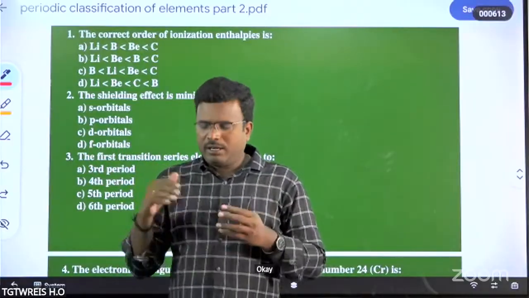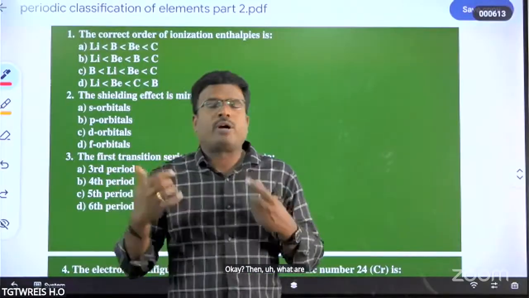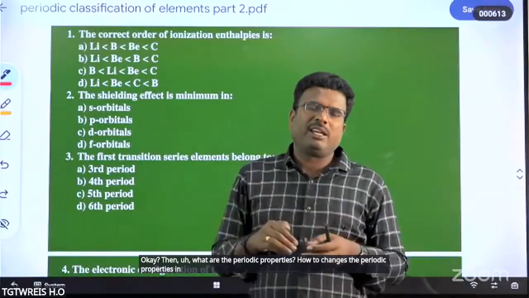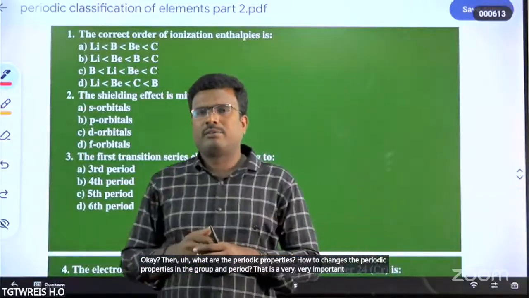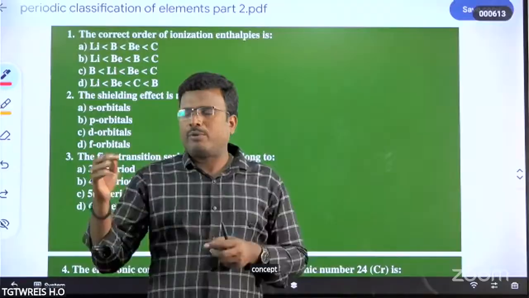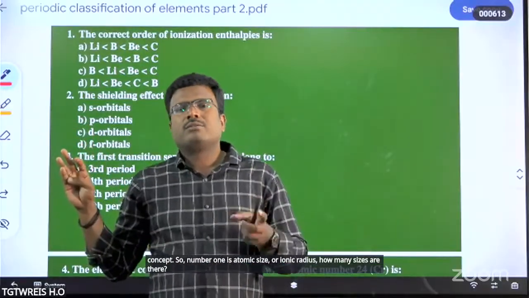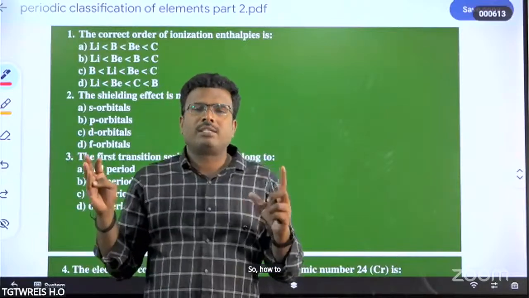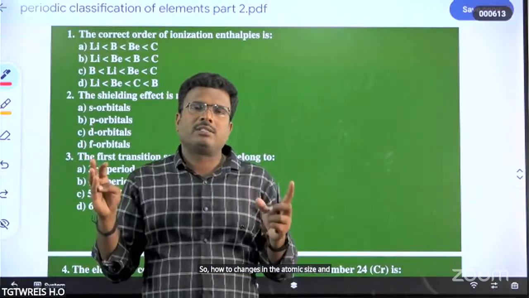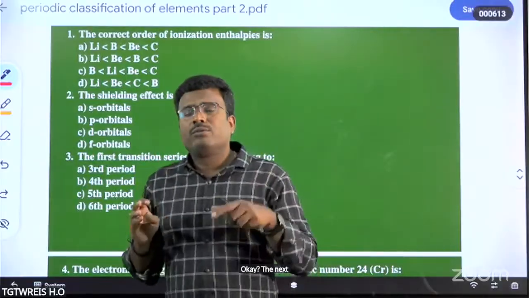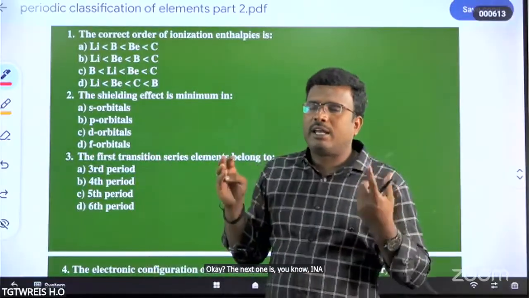Then, what are the periodic properties? How do the periodic properties change in the group and period? That is a very, very important concept. Number one is atomic size or ionic radius. How many sizes are there? How does atomic size change in a group and period? The next one is ionization energy.